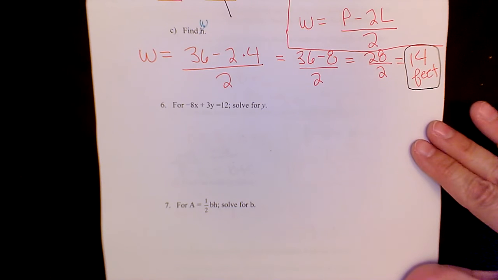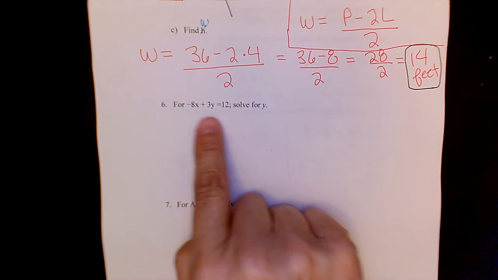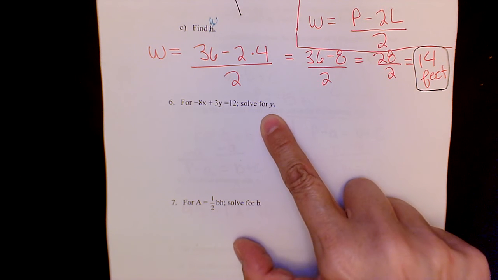So those questions 1 through 5 are about picking the formula, solving for a variable that's in that formula, and then finding it. The last couple problems are where they're going to give us an equation and they want us to solve for a particular variable.